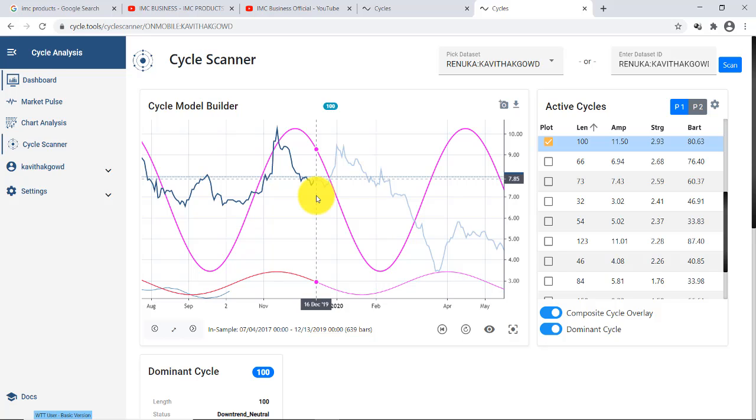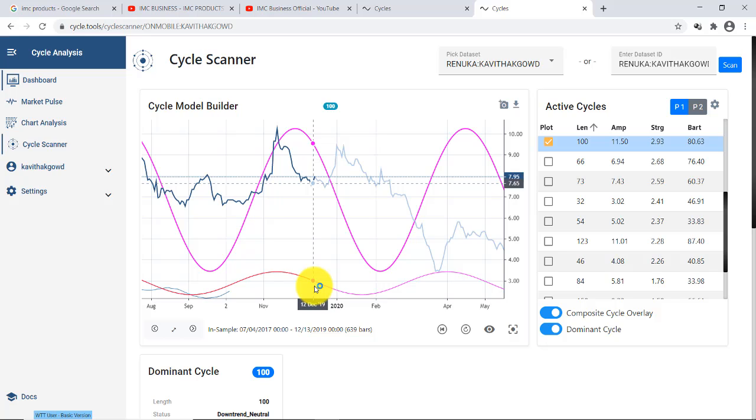So minus 10. And here in the long term cycle, it is at middle, we can consider, that is 50. So it is also moving down, that is minus 50, and this is minus 10, so minus 60 we can consider.